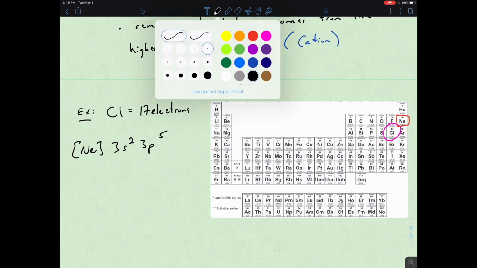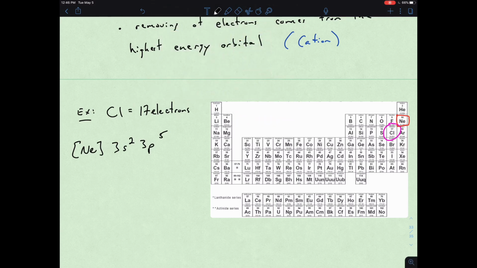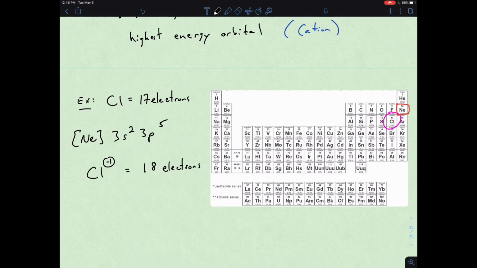If we go to chloride, where now we have this -1 charge, that means we have 18 electrons, and we just add it to that outward shell.